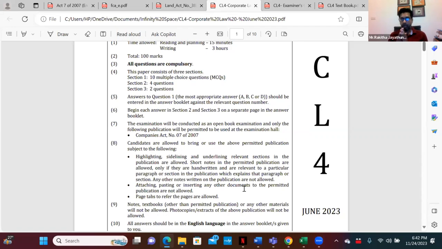Since you are permitted to highlight, sideline, underline, and at the same time write down notes, when you're going through the textbook, if it is something relevant to the Companies Act, near the relevant section you can write down notes, and then you don't have to memorize it. But you should know from where to locate them. That is extremely important.